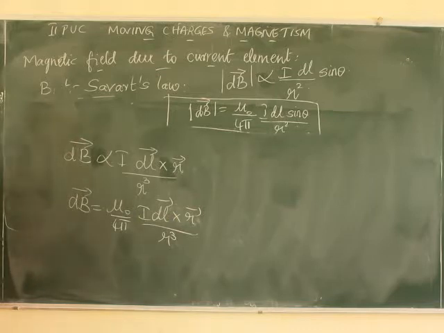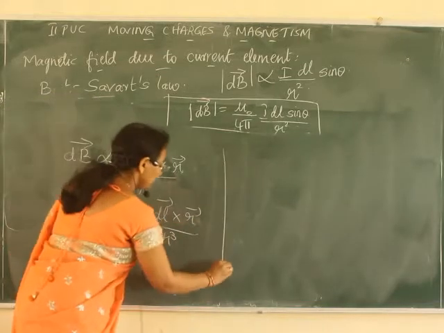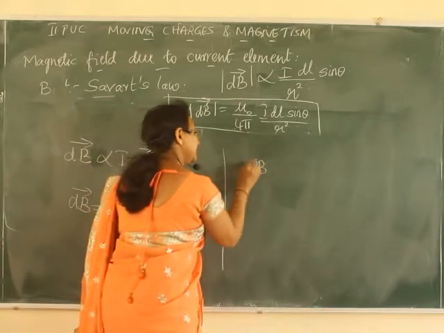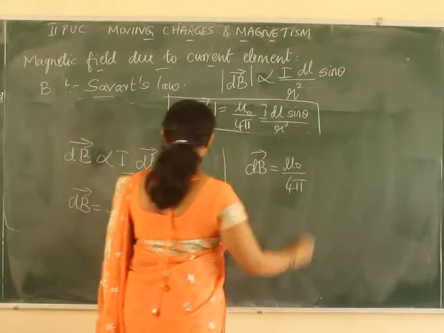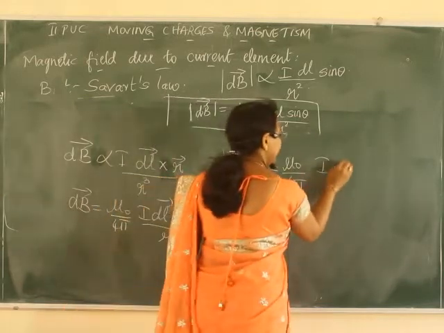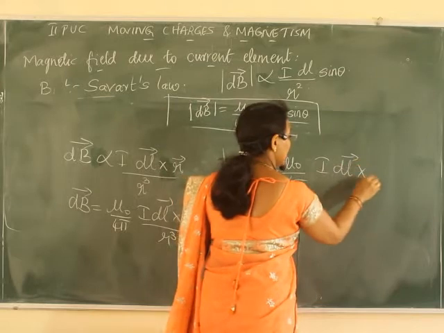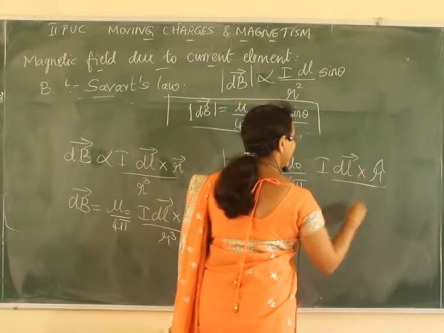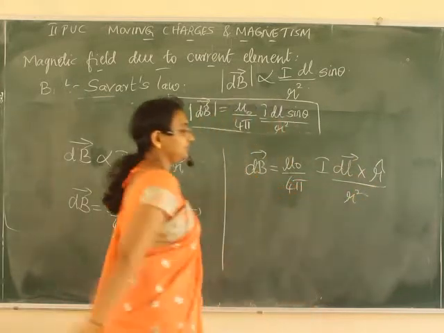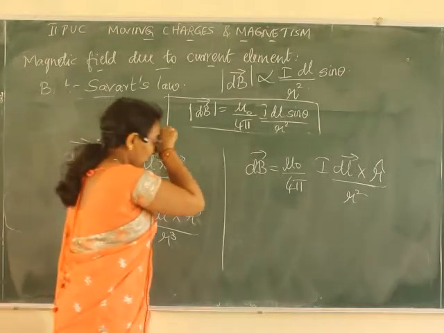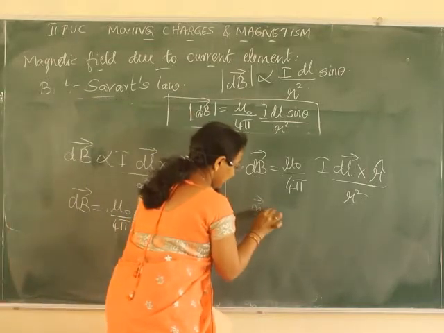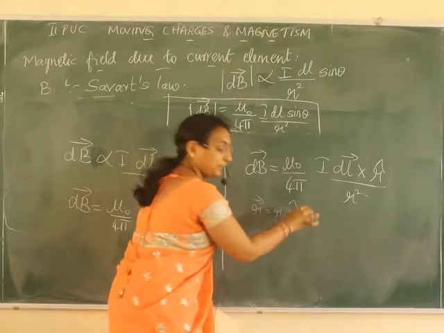Or else we can write dB vector is equal to mu naught by 4 pi I dl cross r cap divided by r square. Do you know how we got this? The r vector is equal to r into r cap, correct?